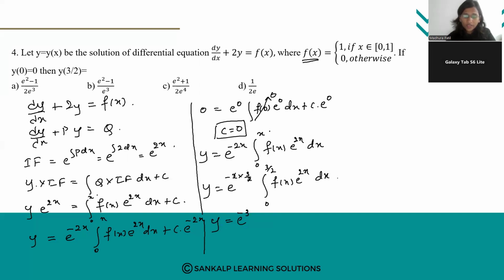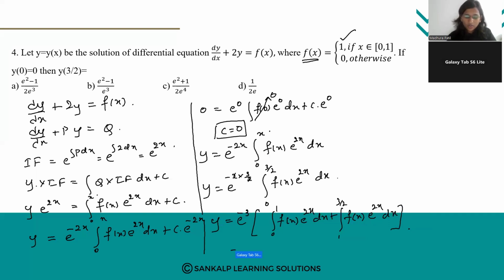We can split the limits as 0 to 1 plus 1 to 3 by 2. Correct? Because 3 by 2 is approximately 1.5, so we can take from 0 to 1 and 1 to 3 by 2. Now see here, what is the function defined? They say f of x is 1 if x is from 0 to 1 and it is 0 otherwise.